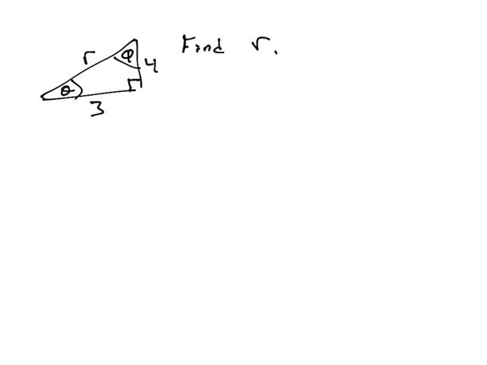So let's take an example. Let's say I have this problem here. Let's say this is 3, this is 4, this is phi, this is theta, this is r, and this is my 90-degree angle. The question is, find r, theta, and phi.